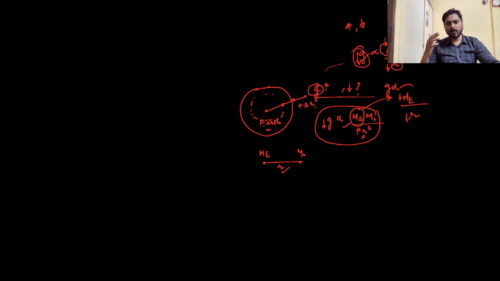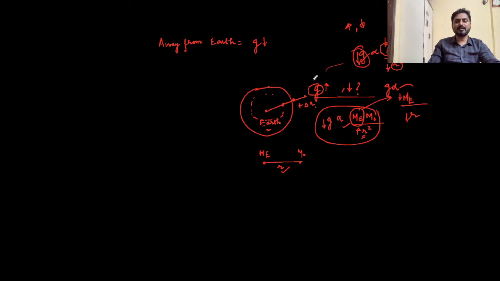So a simple mnemonic that you can remember is this. When you are moving away from Earth, what is happening to the value of g? g is decreasing.